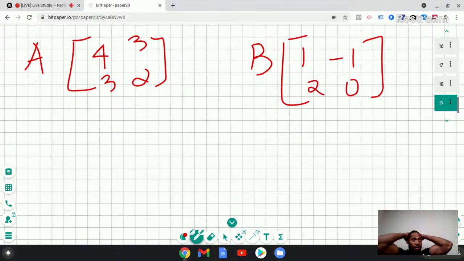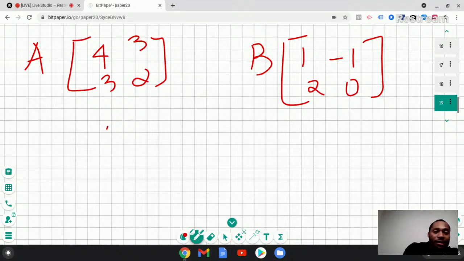Now let's multiply them. So how do we multiply A times B? First thing you want to do is think about the rows and columns. Think about positions. It's all about positions here. I'm going to show you how to think about this, and it's going to make a whole lot of sense.